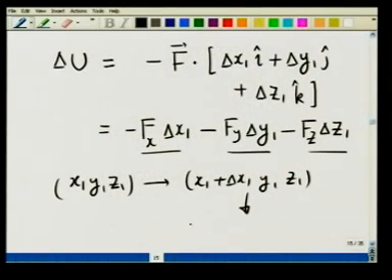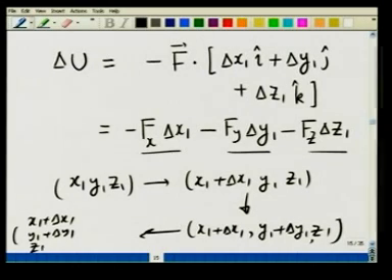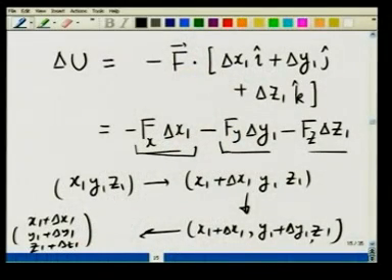I am moving the particle along the x-axis first, then along the y-axis, and then from there I could go to x1 plus delta x1, y1 plus delta y1, and z1 plus delta z1. And along each path, when I move along the x-axis, I do this much work. When I move along the y-axis, I do this much work. And when I move along the z-axis, I do this much work.